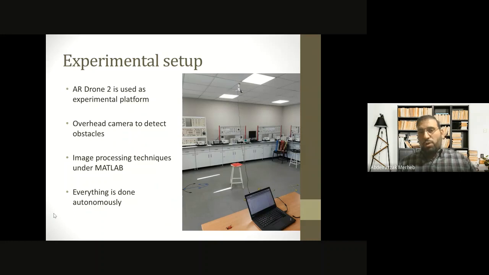To the best of our knowledge, we are the first scientists to apply the panel method experimentally on real quadrotors. We used the AR Drone 2 quadrotor as the experimental platform. We use an overhead camera at the ceiling to detect obstacles, with some image processing techniques, and everything was done autonomously.